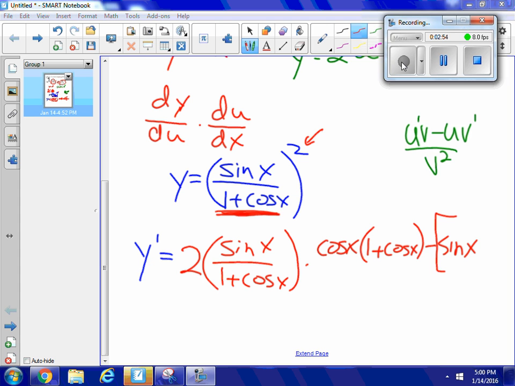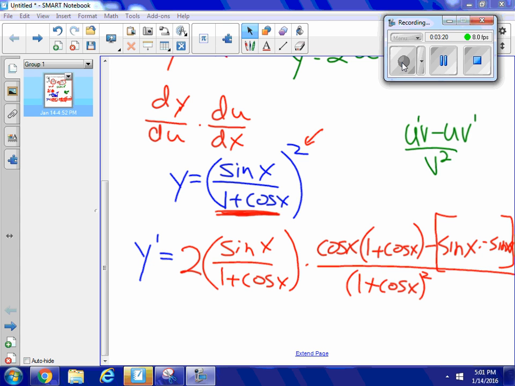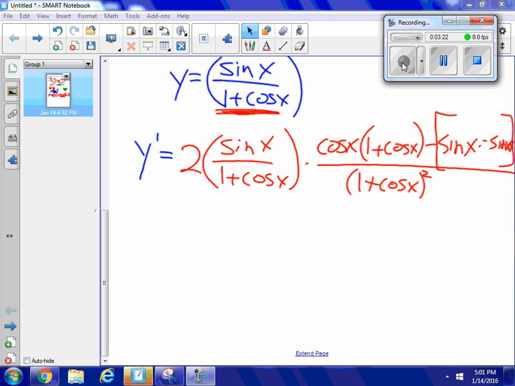Well, the derivative of v is negative sine x. Sorry, it's a little bit cramped, but I think you can read it. And that is all divided by 1 plus cosine x squared. Let's see if we can't simplify this a little bit.